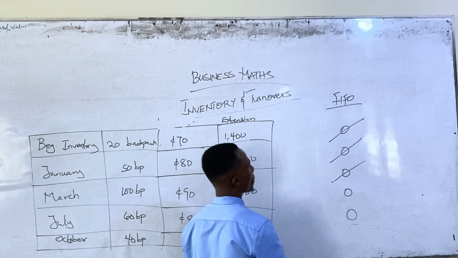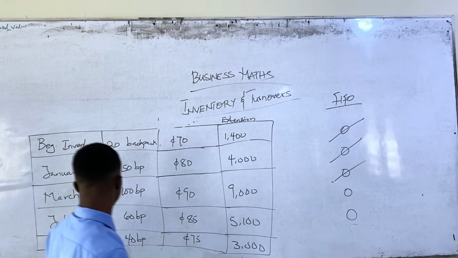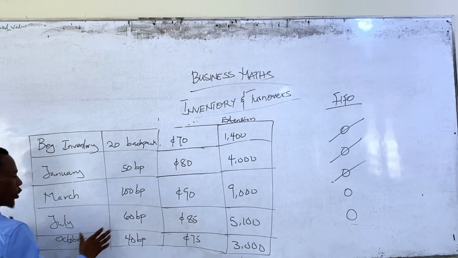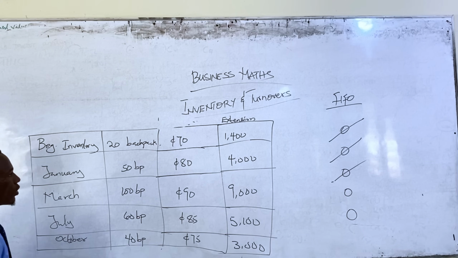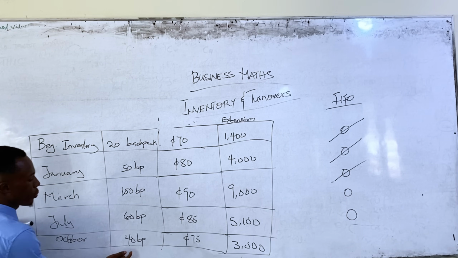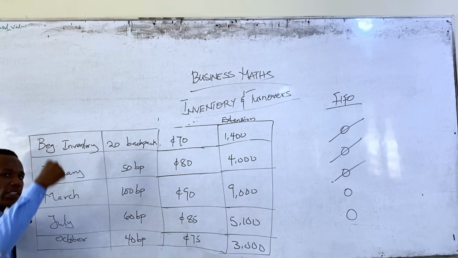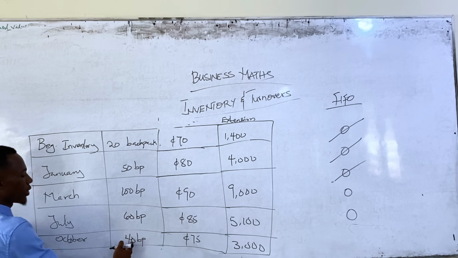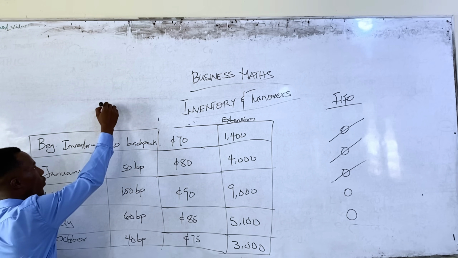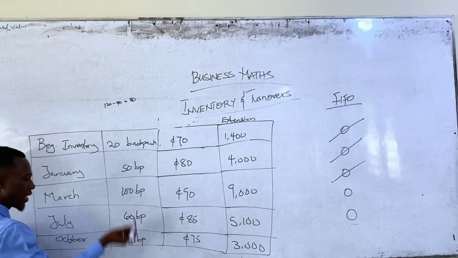So let's say, using this table, you have 120 backpacks left. You are supposed to start from down to top. You do the counting. So you get the 120. Here is 40, so you subtract 40 from 120. You are going to get 80. So you have 80 more.